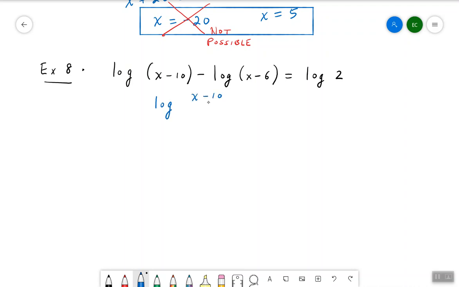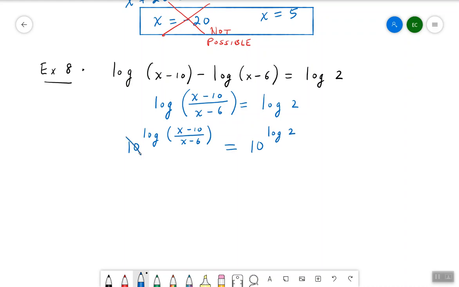We'll have the log of x minus 10 over x minus 6 is equal to the log of 2. And then, since the base is 10 here, the base is 10 on the other side as well. We can put a base 10 underneath both sides of the equation.